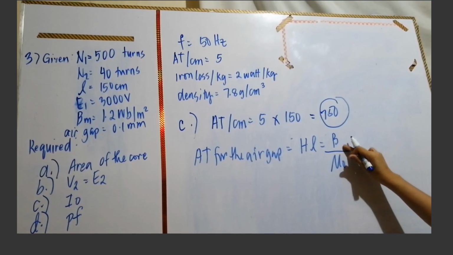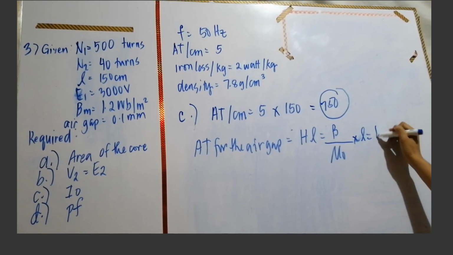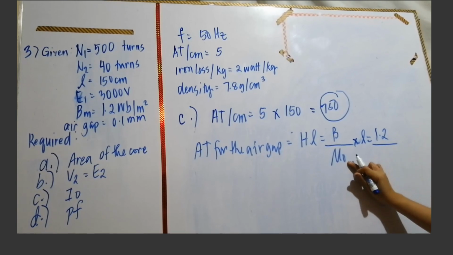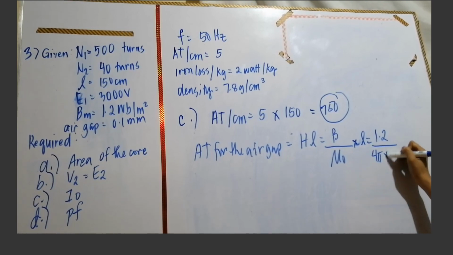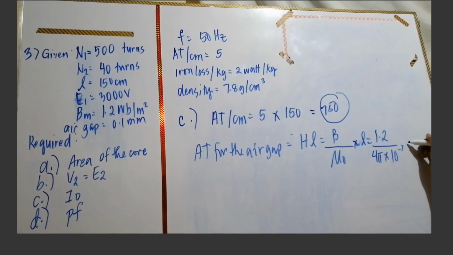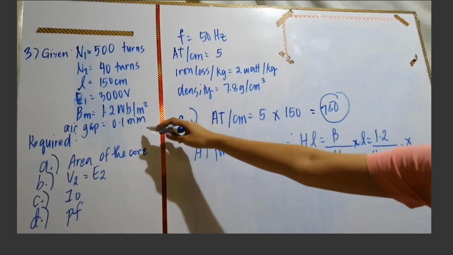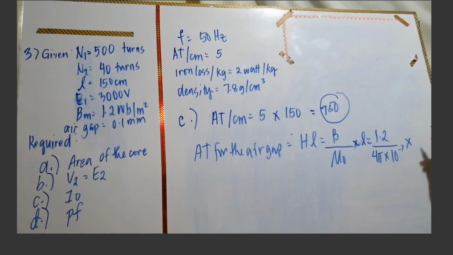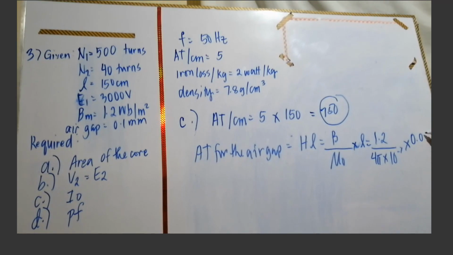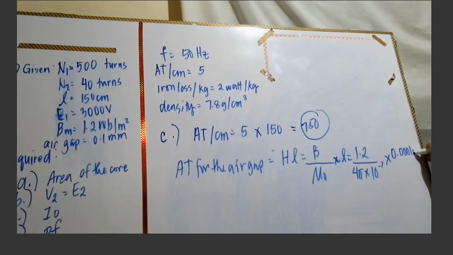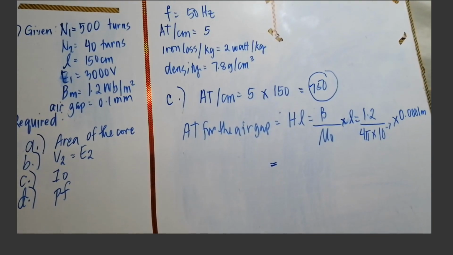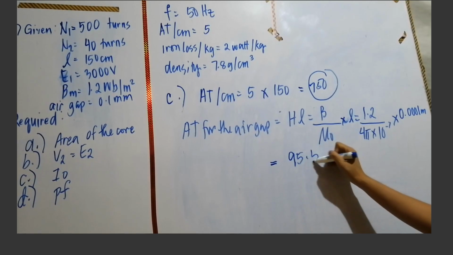So H is equal to 1.2 Weber per meter square over the magnetic permeability in free space, which is 4 pi times 10 to the negative 7, times the length of the air gap, which is 0.1 millimeter, or 0.0001 meter. So the ampere turn for the air gap now is equal to 95.5.